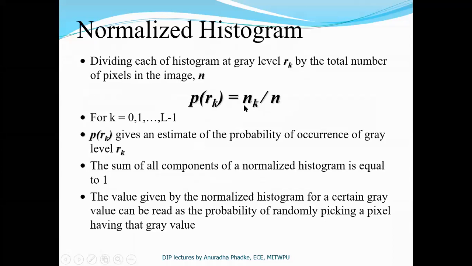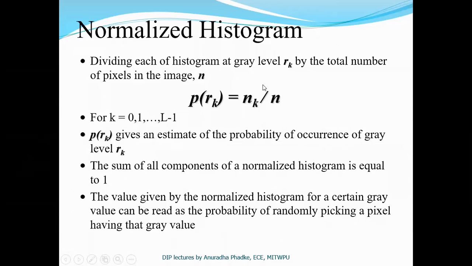So nk represents the number of pixels belonging to the kth gray shade, and it is divided by the total number of pixels in the image. So basically the normalized histogram p(rk) gives an estimate of the probability of occurrence of gray level rk. Okay, so the normalized histogram is nothing but a probability distribution.